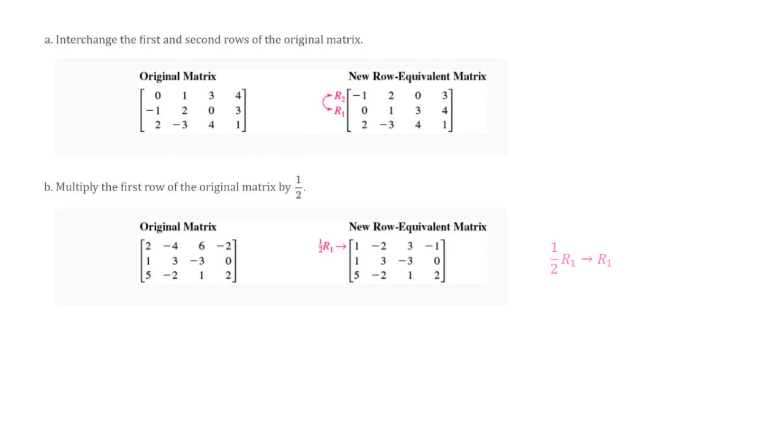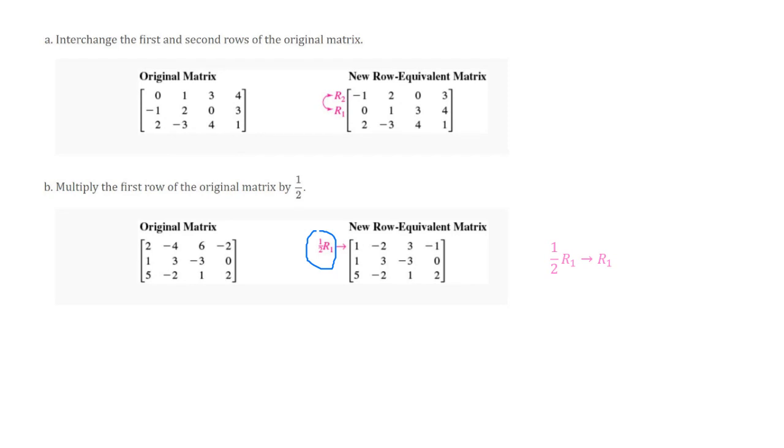All right. Now let's look at the other process that we can do to a matrix. We can multiply a constant, a number, to a row. Do you see here in my syntax, I'm saying that I'm going to multiply 1/2 to row 1.